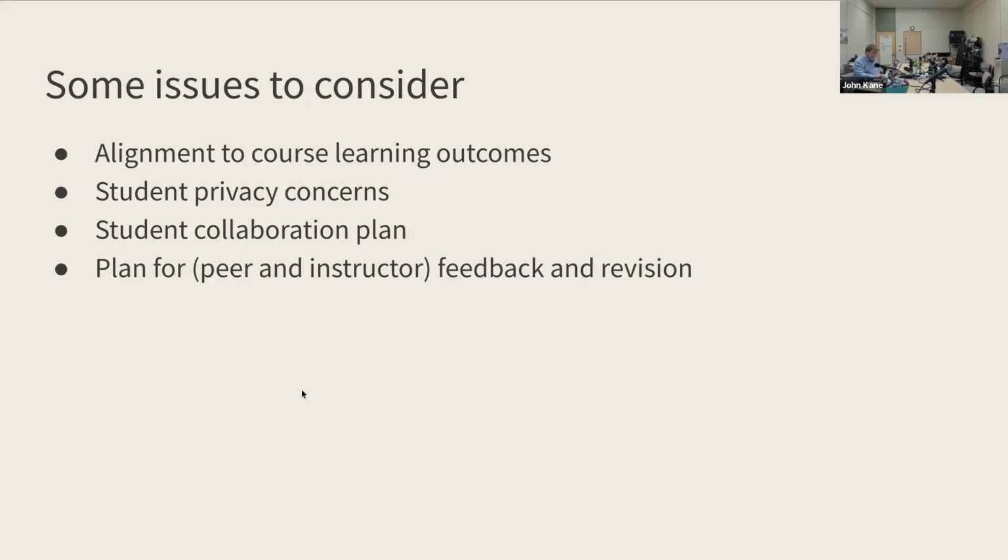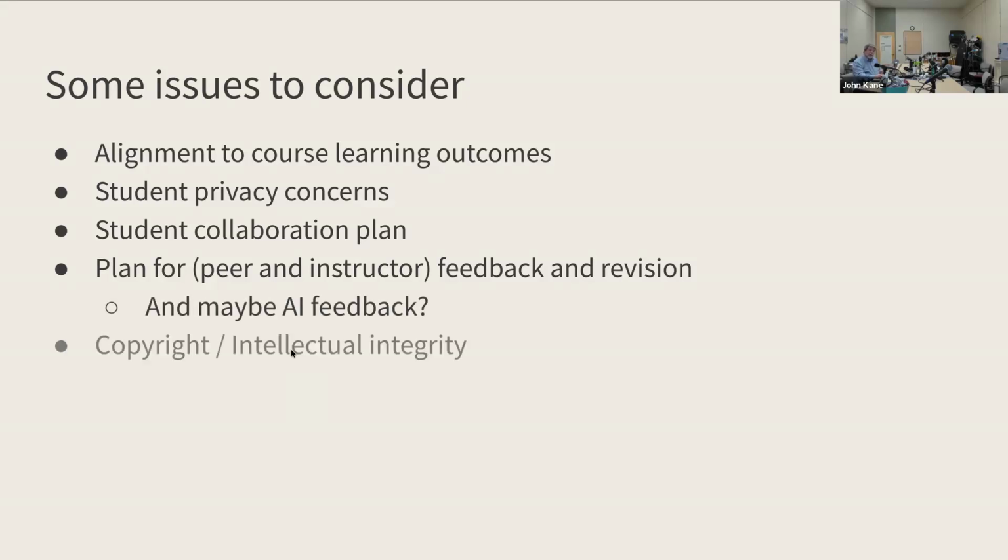But if you are going to have students receive AI feedback, be careful to talk about when it's appropriate, when it's not, what represents ethical and legitimate use of AI, and what might not be appropriate in your particular discipline and your particular course. Well, I guess I did include AI feedback.